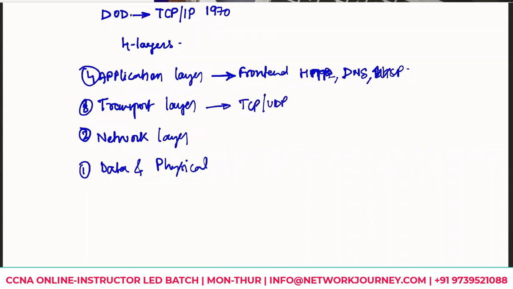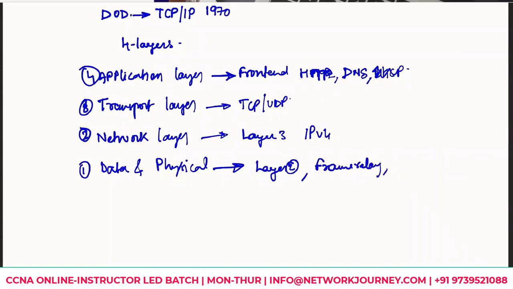For network layer, you had layer 3, like IP addressing or IPv4. And data and physical was your layer 2, and all your physical cabling and the layer 2 technology like frame relay or Ethernet, ATMs, low end technology, which are now actually end of life as well. So this used to be the layers that we had in 1970s.